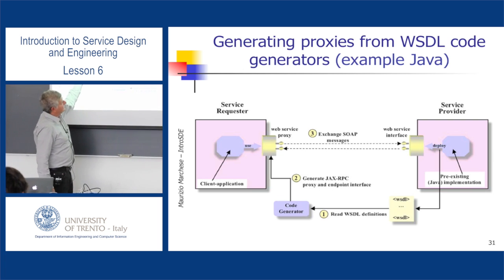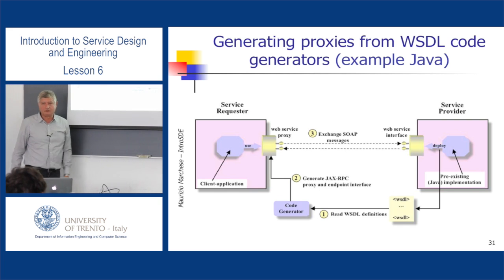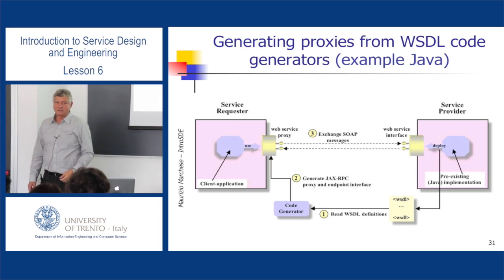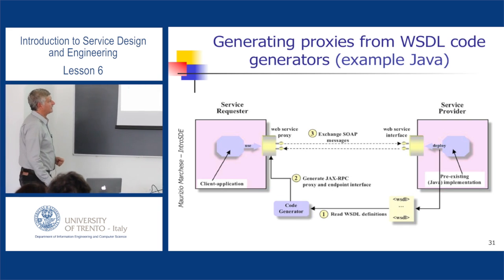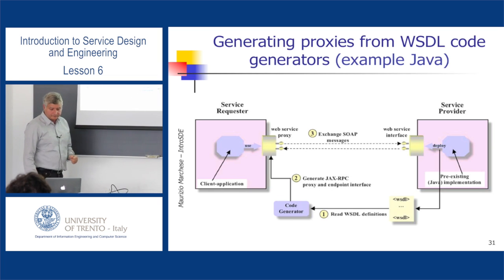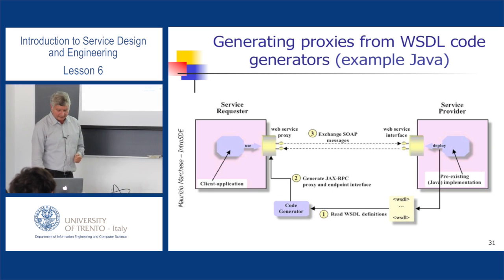In reality, as you can imagine, the messages will travel through the net and reach the service provider, and eventually get back the response. So that's the overall picture of this architecture.